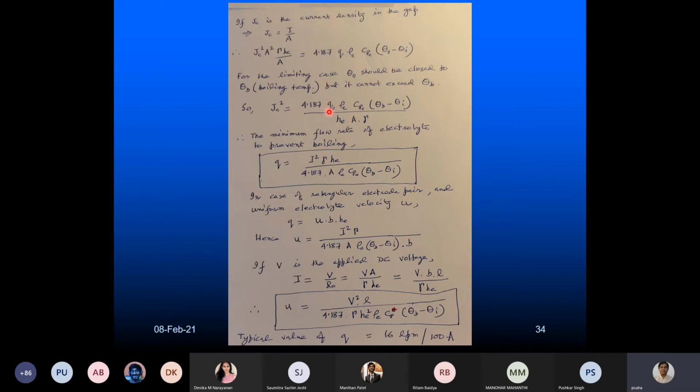This is a limiting case of Q. Q is I square into gamma into He divided by A into rho into Cp into theta B minus theta Y. So this is the maximum temperature rise we may allow, or rather the minimum flow rate which we can have.